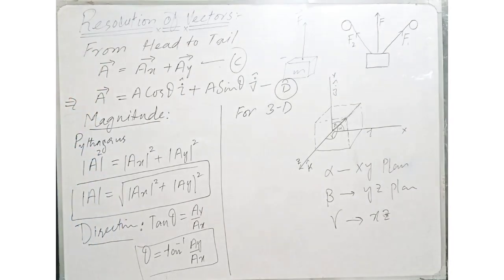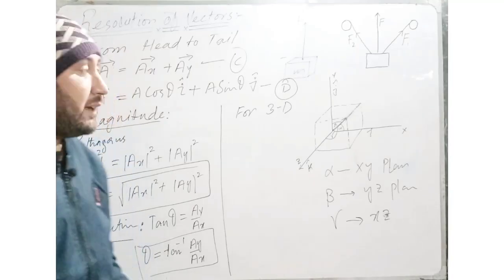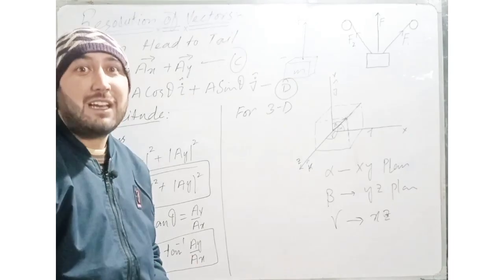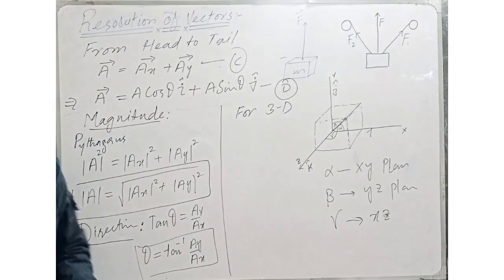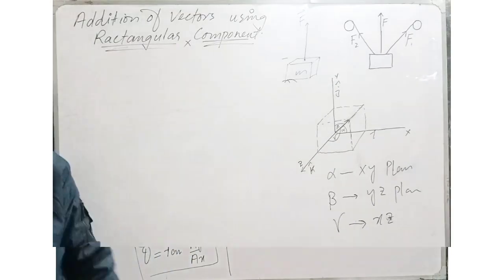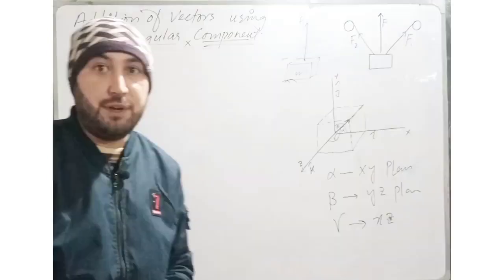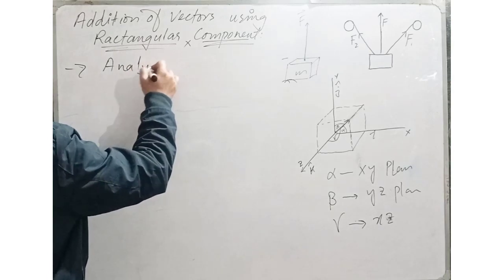So today using the component or rectangular component, we actually stress on mathematics. So it is a kind of analytical method. So let us start addition of vector using rectangular component. Okay students, this is analytical method, so it involves mathematics.